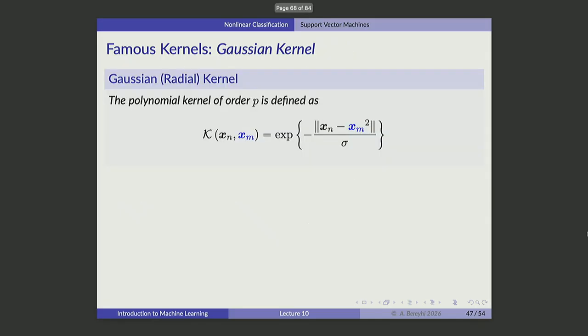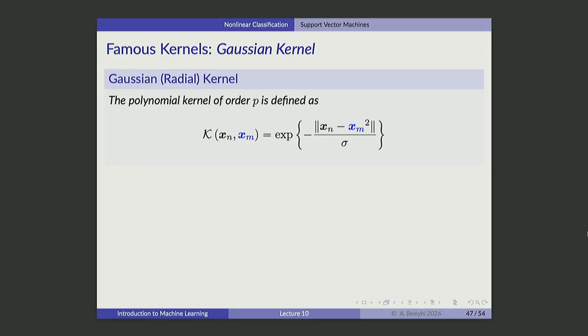Now, another kernel which is very popular and which many people still use when it comes to data analysis is the Gaussian kernel, or radial kernel. So what is this? You get two different vectors, xn and xm.